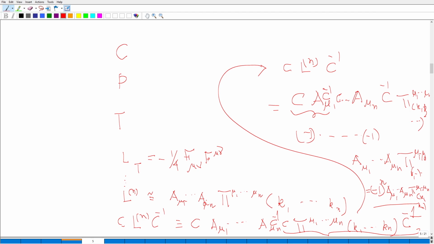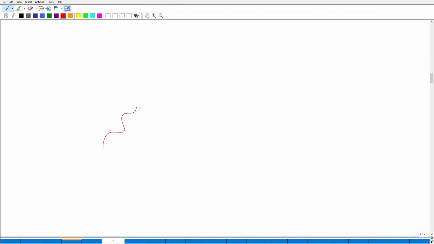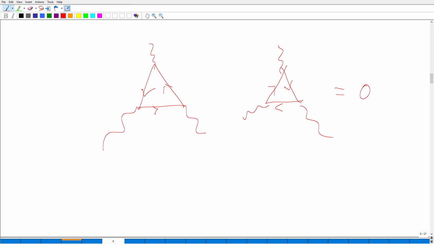The upshot, that is encoded in the theory of quantum fields, is that a 3-point function, the way we have drawn it over here, in vacuum cannot exist, because the contribution is negative of itself.